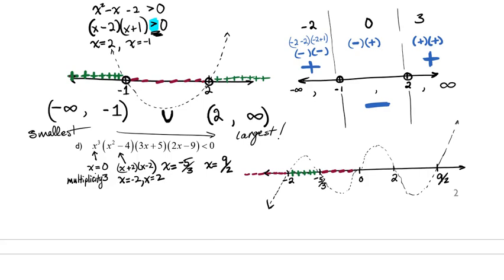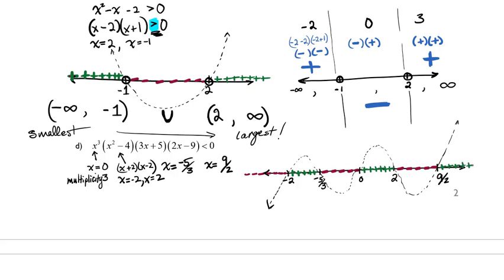It is below the x-axis. Between 0 and 2, the polynomial is positive. The curve is above the x-axis. Between 2 and 9/2, the curve is negative. It is below the x-axis. And between 9/2 and infinity, the curve is positive, above the x-axis.